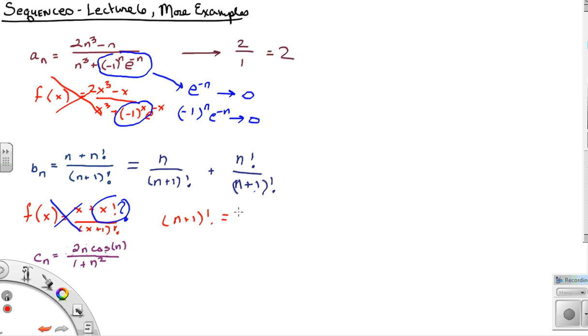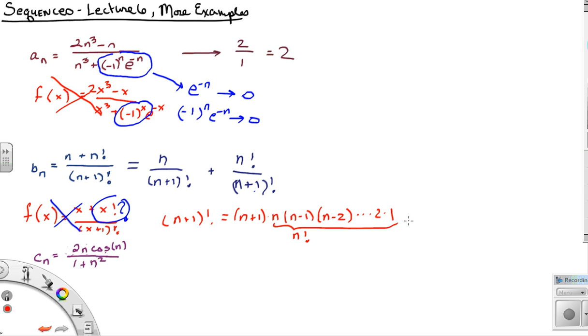(n plus 1) factorial is n plus 1 times the number right less than that, which is n, times the number directly less than that, n minus 1, times the natural number directly next to that, n minus 2, and you continue that way all the way down to 2, then 1. But what is this? Yeah, you got it. That's n factorial.